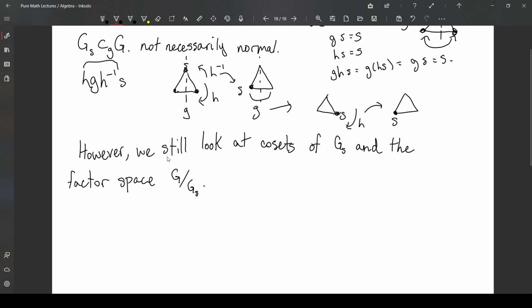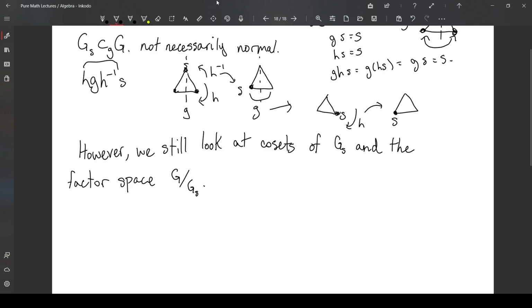So this isn't necessarily a group, but we still want to look at the partition. A subgroup is always going to partition a group into cosets, right? It's just that when it's normal, that partition itself forms a group, okay?